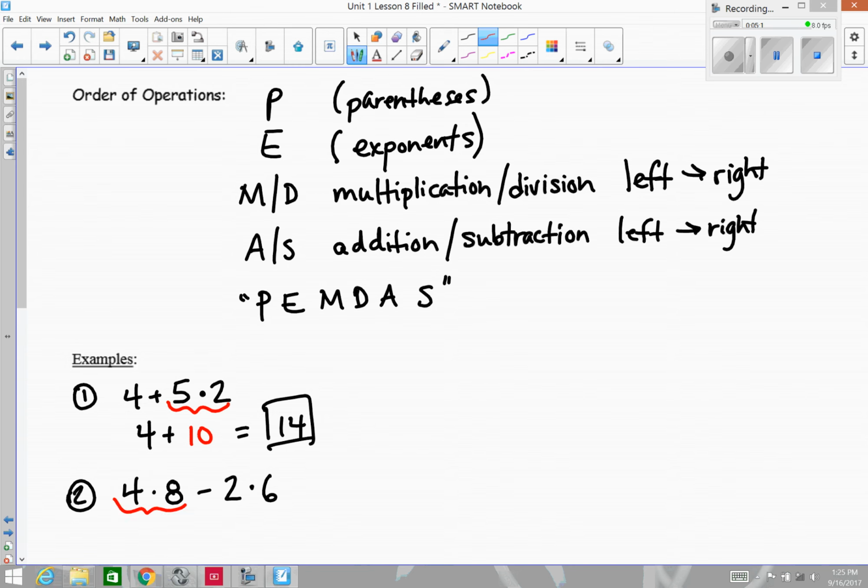There's multiplication in 4 times 8, and another multiplication in 2 times 6. I need to do these in order from left to right. So 4 eights is 32, and 2 sixes is 12. Going to bring down everything else, and that leaves us with 32 minus 12, which gives us 20.